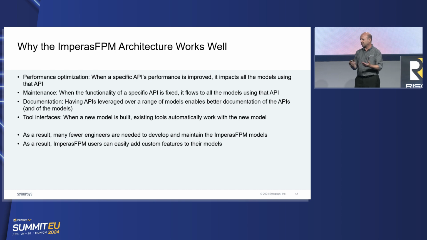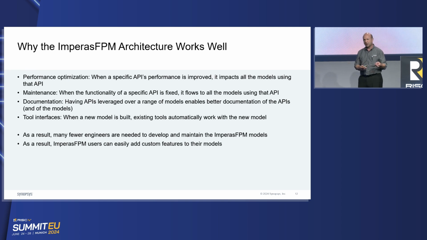So anything that's done to the API is going to impact all the models. That also flows to maintenance. So maintaining the models is a lot easier because if there's a bug, if there's a problem with the functionality of a specific API, or if something is being extended, if you do that for the API, it's going to happen for all the models.